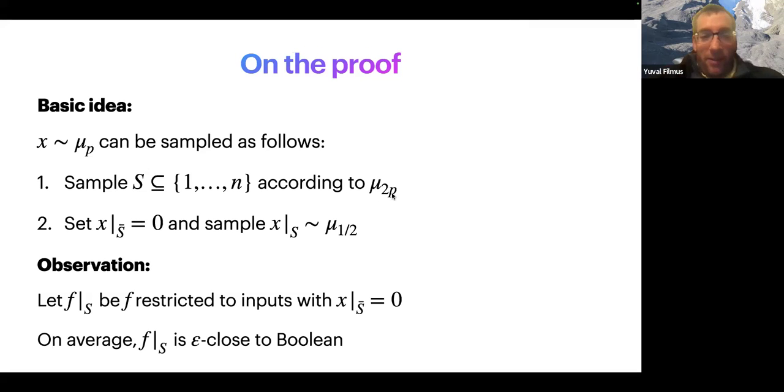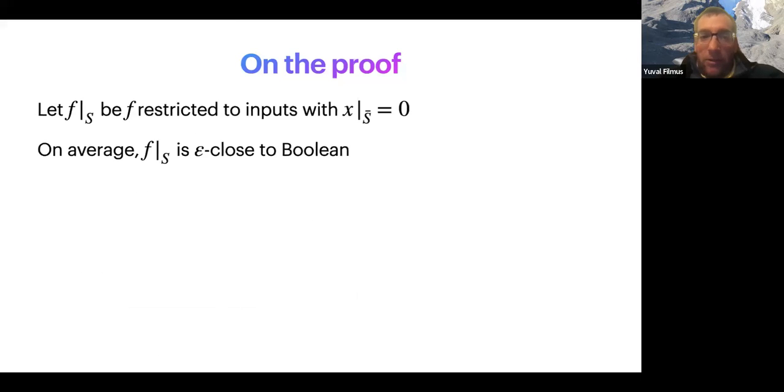This is really the same thing. So I'm assuming that f is epsilon close to Boolean, and using this two-step approach, it really implies that these restrictions of f are on average epsilon close to Boolean, where by average I mean when I sample S according to mu 2p.